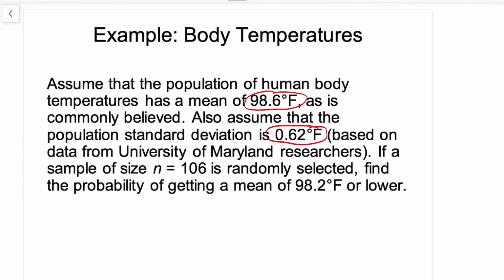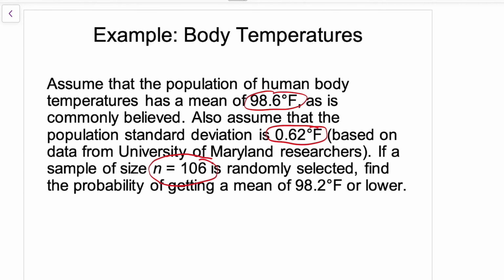And if a sample size of 106 people are randomly taken, we want to find the probability of getting a mean of lower than 98.2 degrees. So what's the probability of getting a mean lower than that? And that's what we're going to compute.